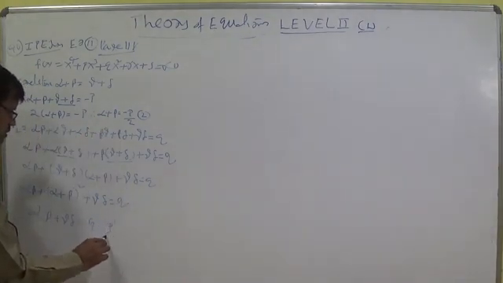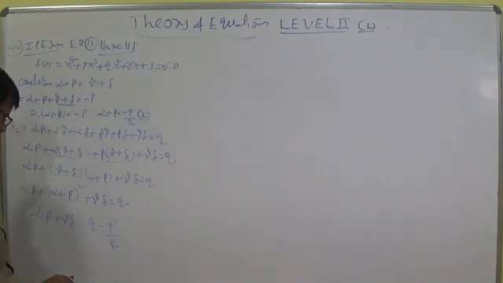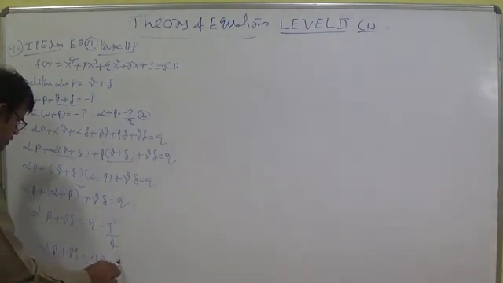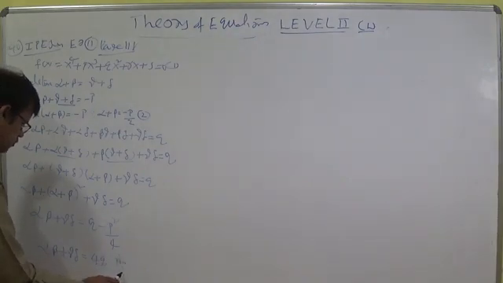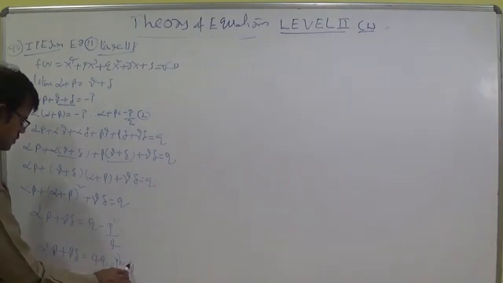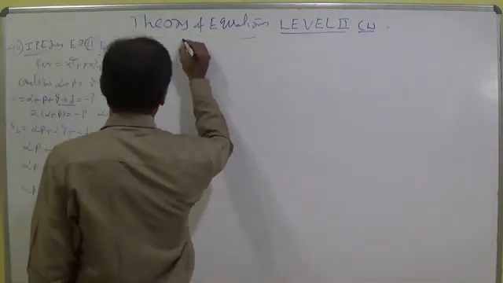Alpha plus beta is minus P by 2, so P square by 4 you can write. So alpha beta plus gamma delta is equal to 4Q minus P square whole by 4. Maybe it is useful. Put this is third equation.